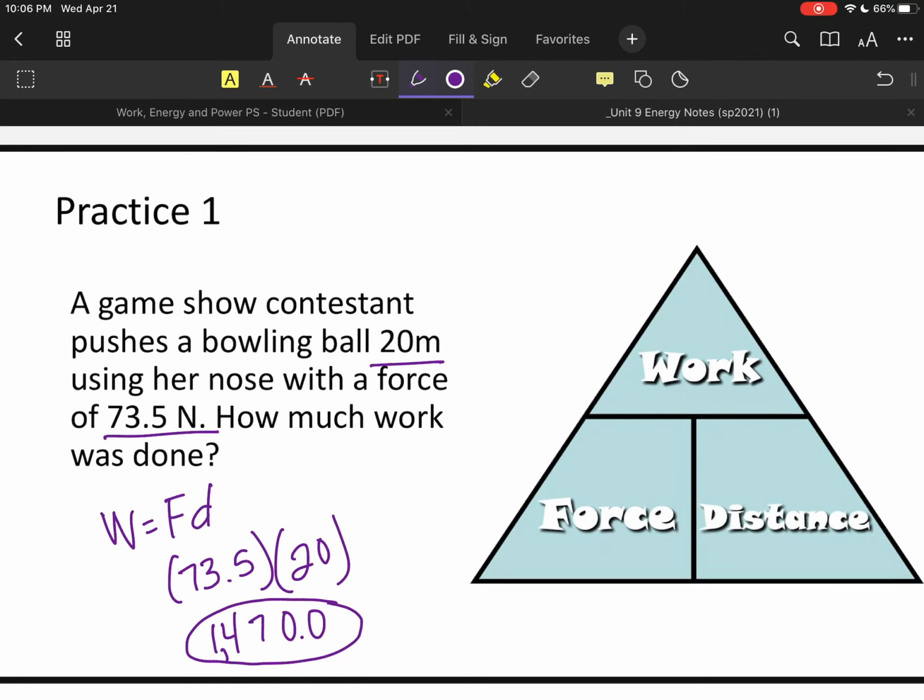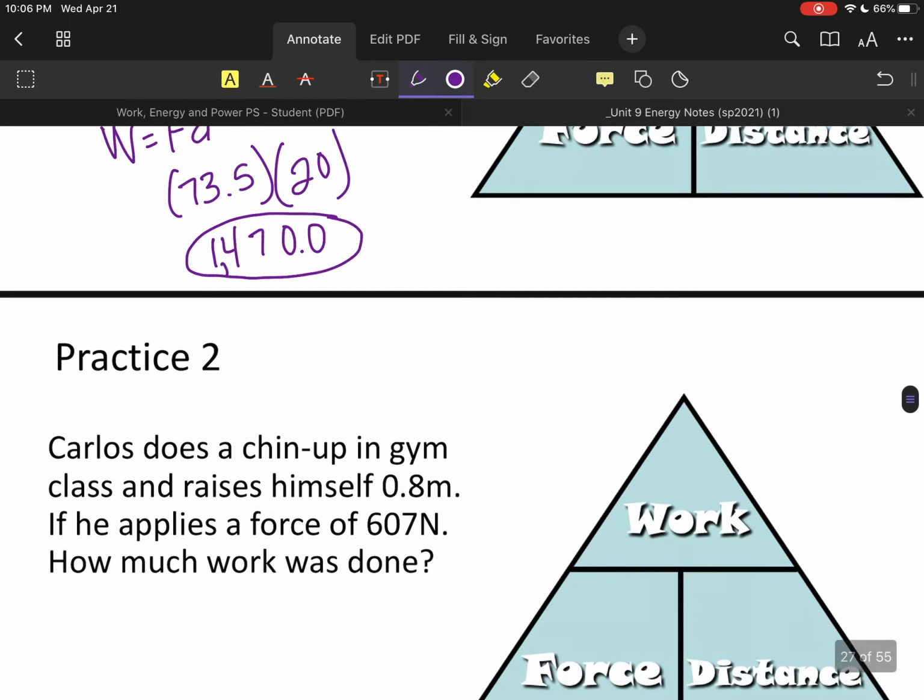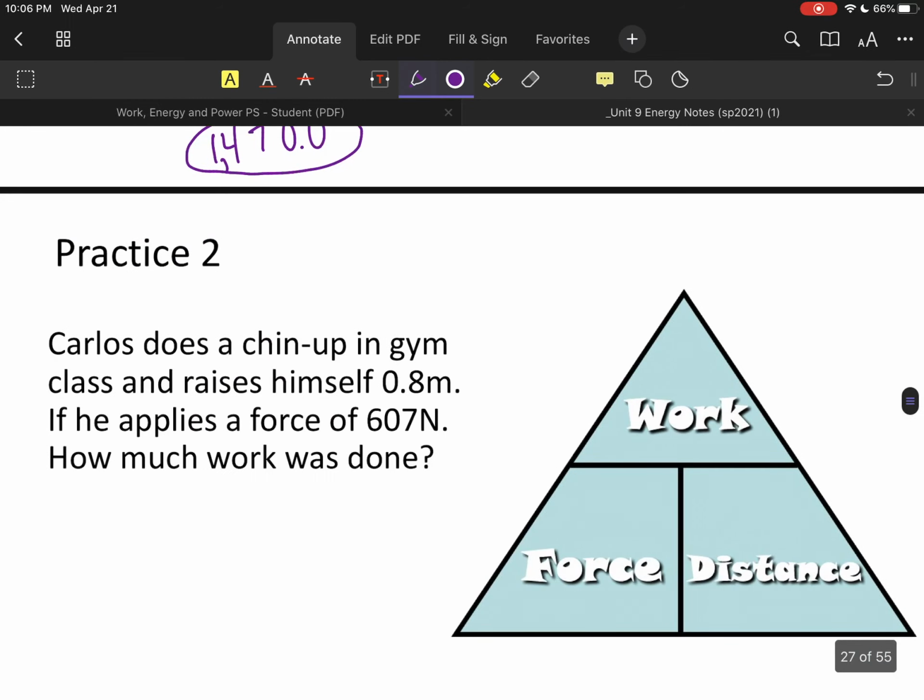All I've done is plug it into the formula. I'm using the triangle. Here's a second problem. Carlos raises himself up a distance of 0.8 meters, and his force is 607 newtons.